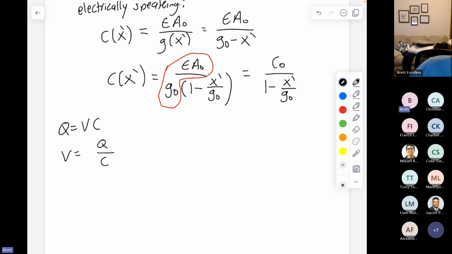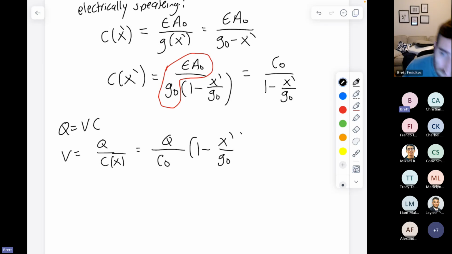So the voltage, which will depend on the capacitance, will be Q divided by C naught divided by 1 minus x prime over G naught. That will just end up being a multiplication at the top. And we'll say that this is our voltage.